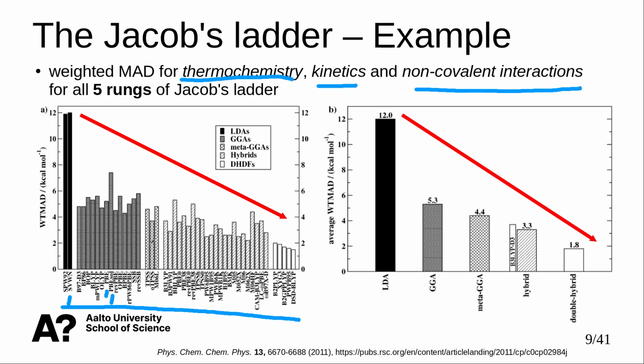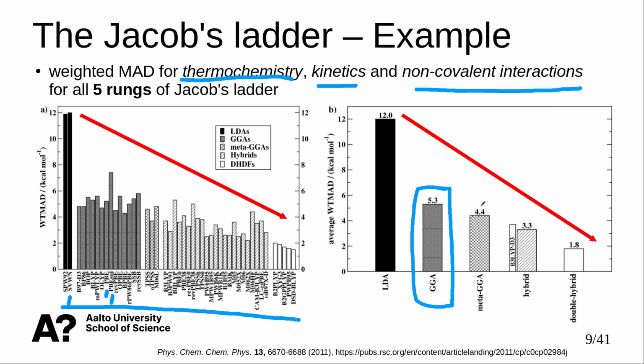You see a decrease from LDA towards the double hybrids, and then on the right hand side we have the average values. So you see basically that LDA has an average error of 12 kcal per mole, or deviation basically, and that it decreases to 1.8 for the double hybrids. But what you also see is that by just taking the derivative of the density into account in GGA, you halve the error, right, from 12 to 5.3.